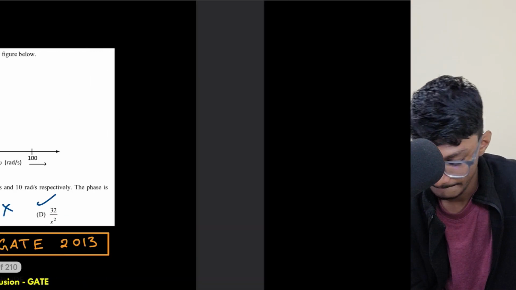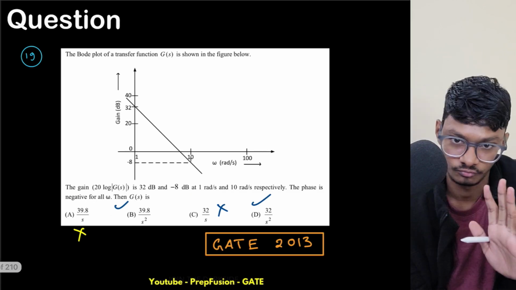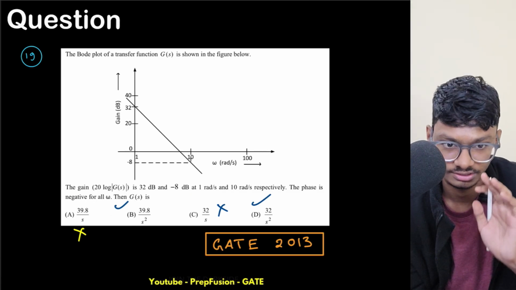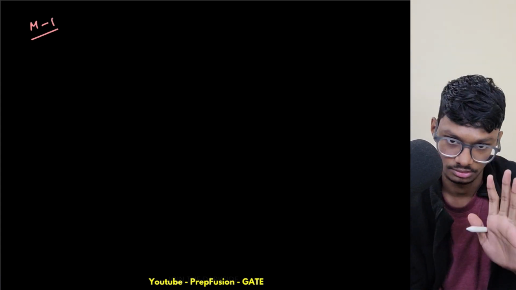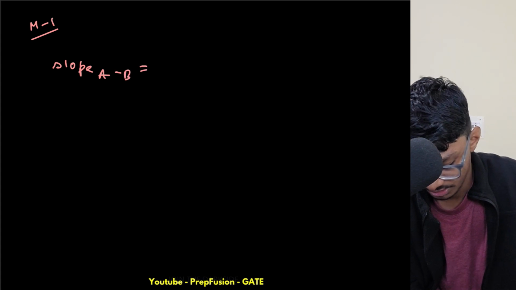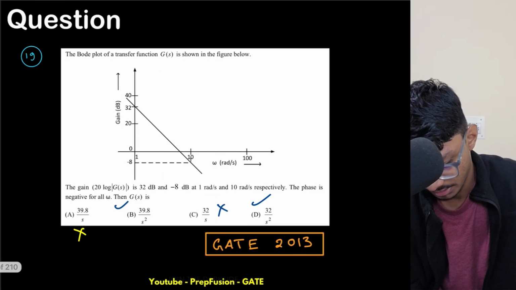How to find the value of k? They have given, as we understand, the slope is minus 40 dB per decade. If you weren't able to catch it, let's do it manually. So what is my slope AB formula?